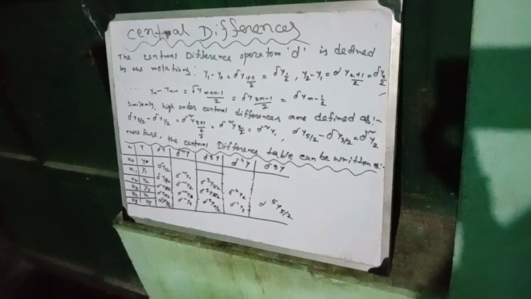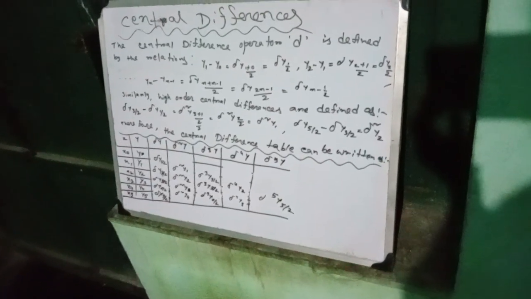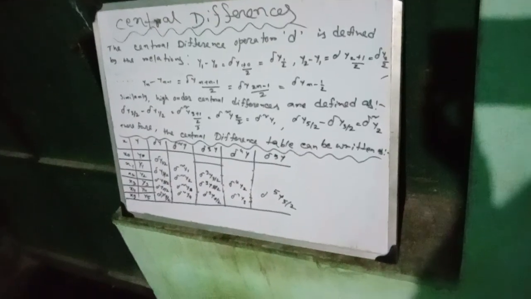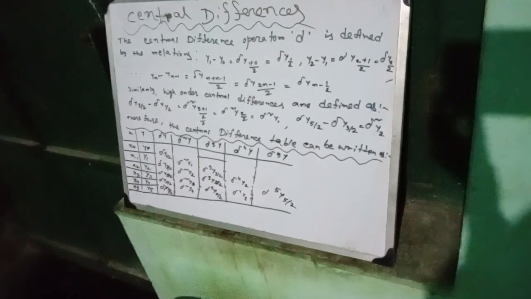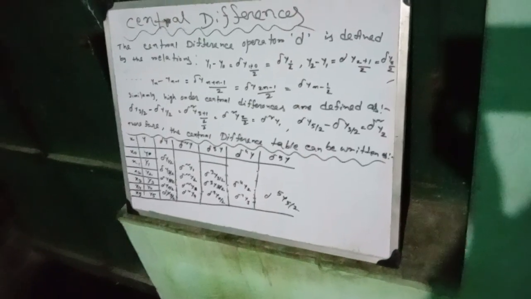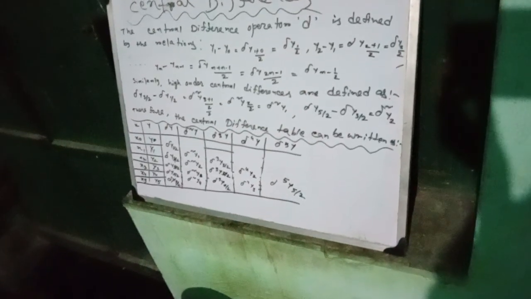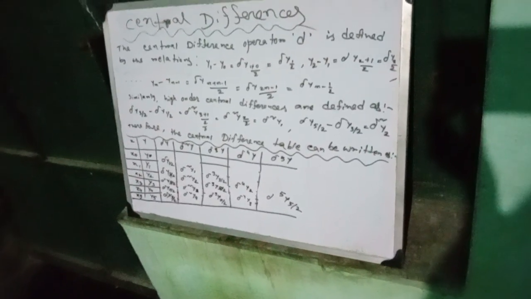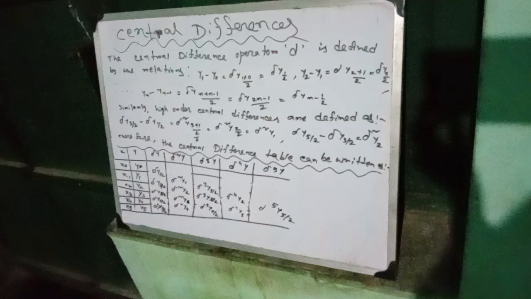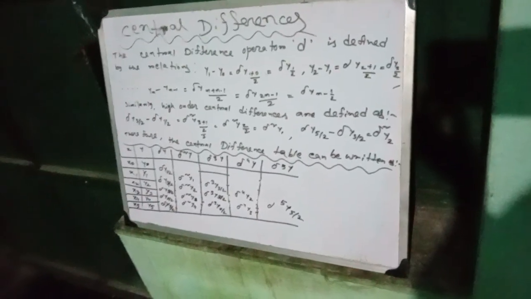Similarly, for higher order central differences, we can define δy of 3/2 minus δy of 1/2 is equal to δ²y of (3/2+1/2)/2. On solving this, we get δ²y1. Similarly, for δy of 5/2 minus δy of 3/2, we get δ²y2.